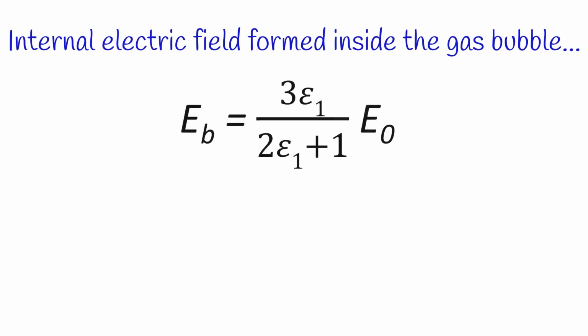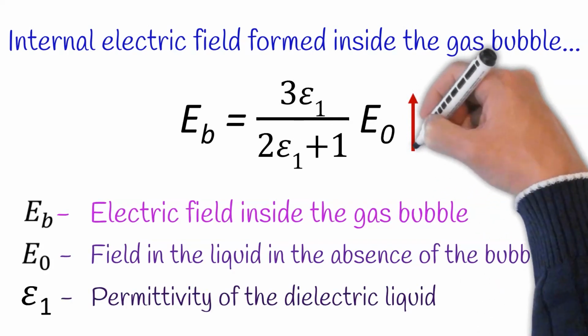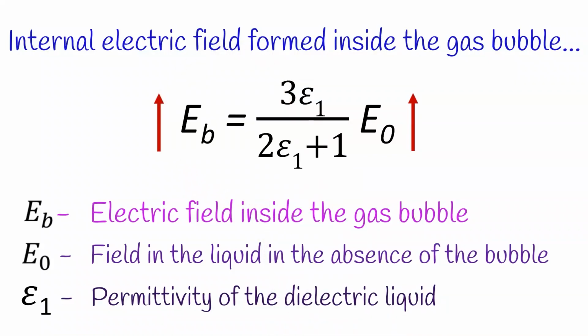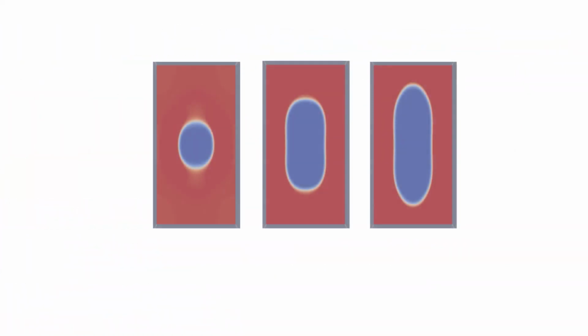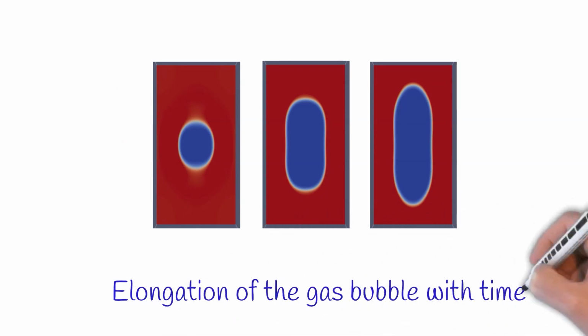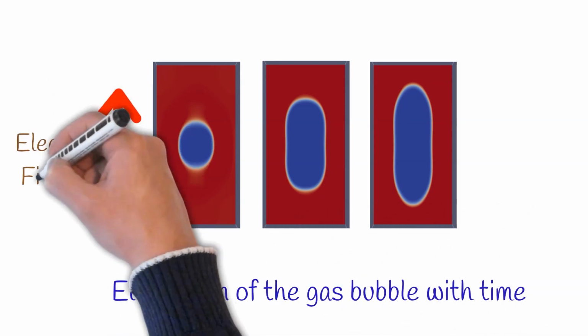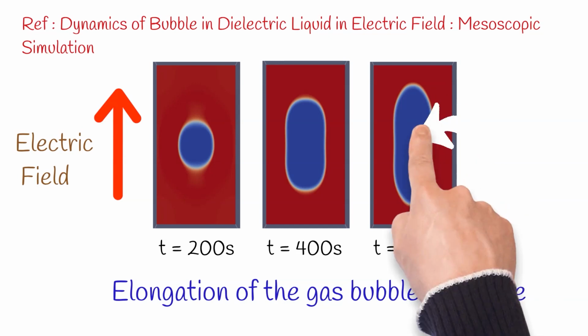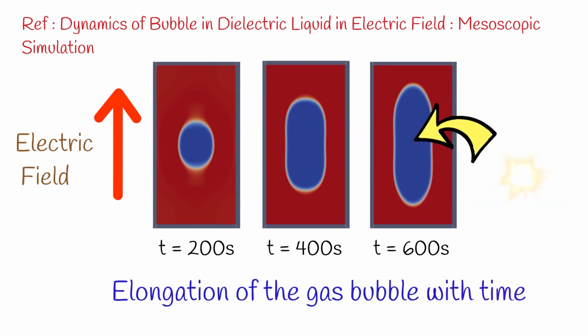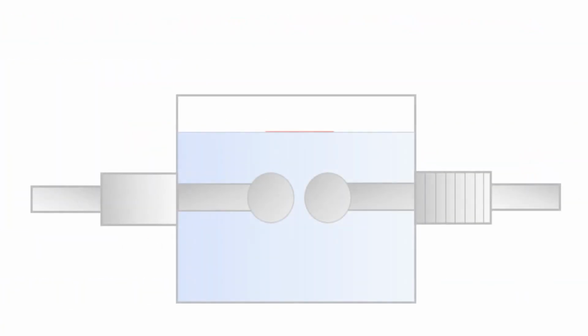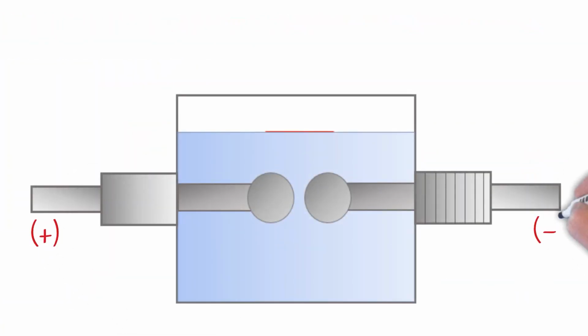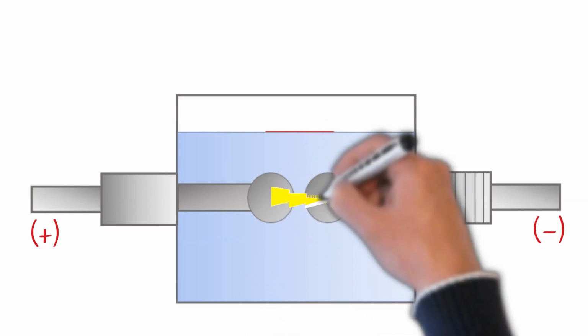According to that, when the external field increases, the internal field also increases proportionally. This causes the elongation of the gas bubble in the direction of the electric field. So, when a sufficient internal field is applied, the gas inside the bubble will break down. It will release some energy which can cause the decomposition of liquid molecules around it. Finally, it will lead to the total breakdown of the liquid.